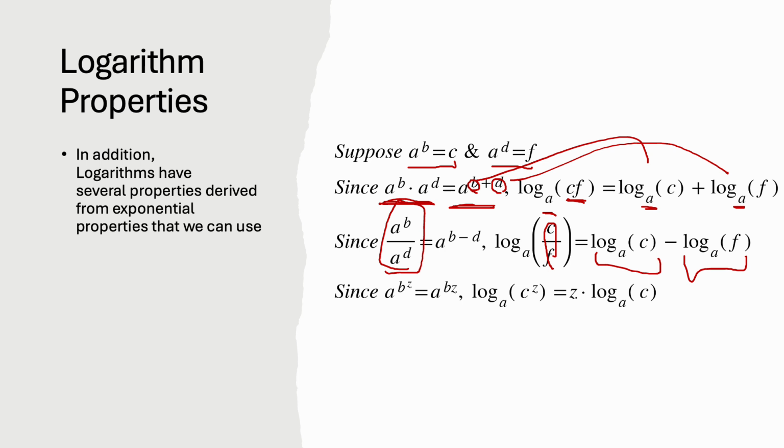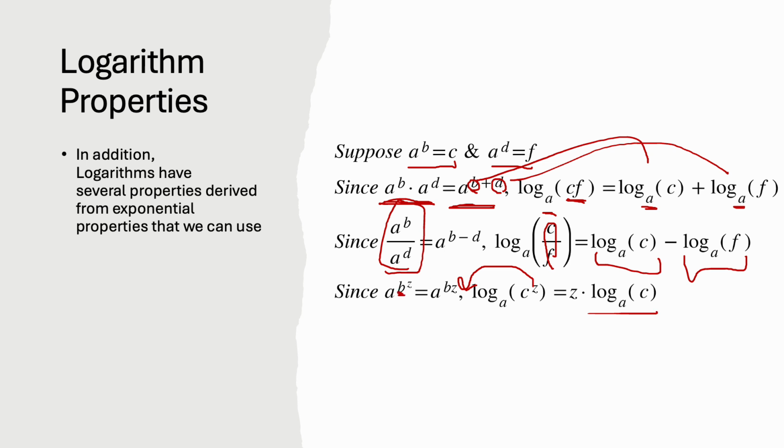And the last one is going to be if we have some exponent and we raise it to another exponent, we can just multiply the exponents together. So a to the b to the z is equal to a to the b times z. And so this is going to be equivalent to if we have some log of c to the z, we can just take that exponent and plop it out front, because we can think of log of a to the c as b.